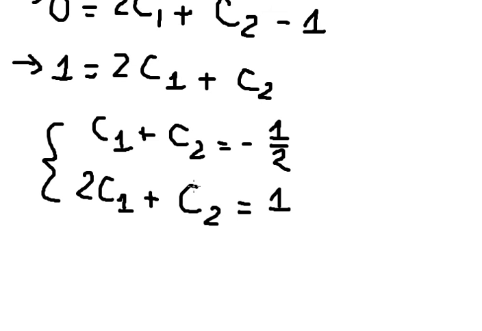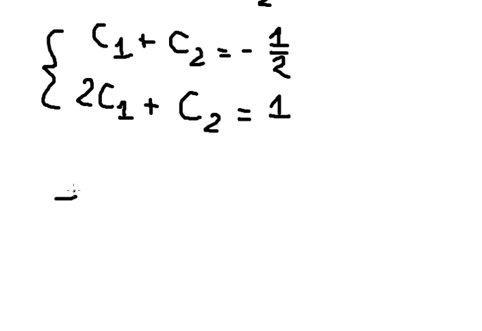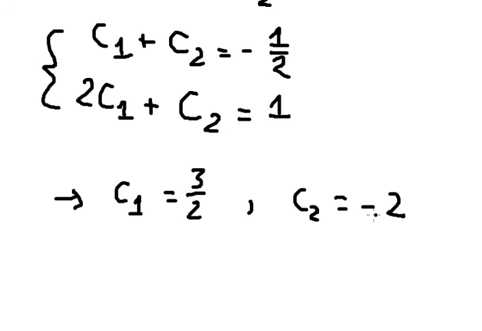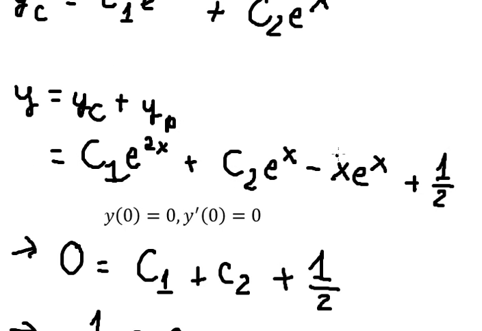Now we need to find the solutions of c1 and c2. We have c1 equals 3 over 2 and c2 equals negative 2. Now we put c1 and c2 back in here.